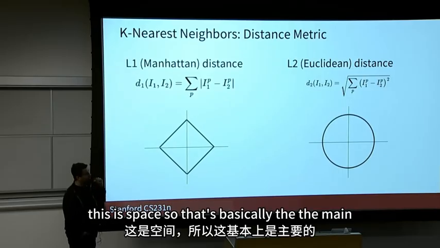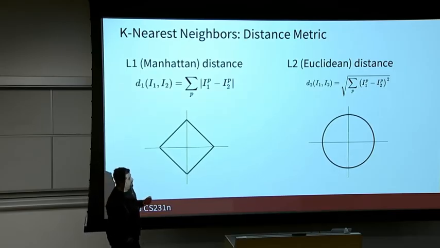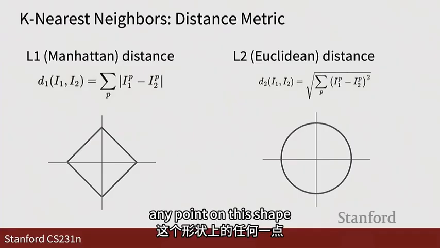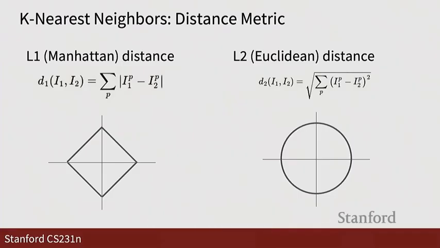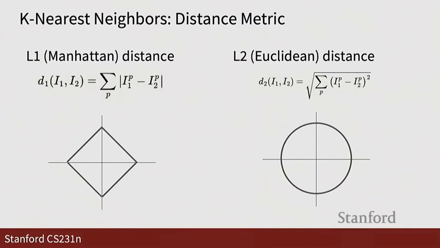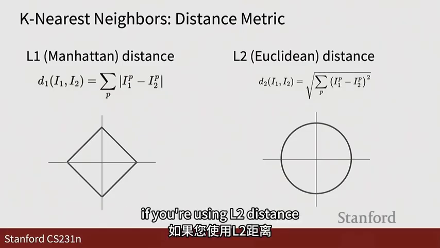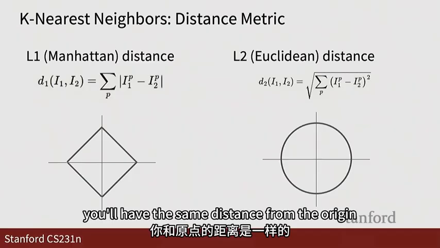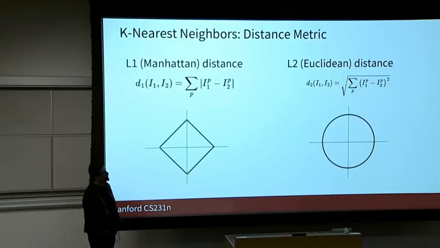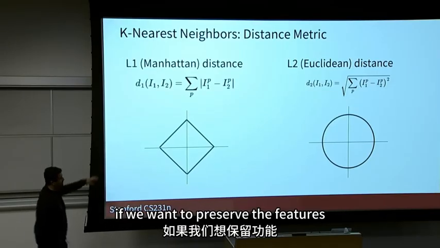So that's basically what these two images are showing. Any point on this shape, when using an L1 distance, has the same distance from the origin. And for the circle, any point on the circle, if you're using L2 distance, you'll have the same distance from the origin. Yeah, that's why it's better to use L1 if we want to preserve the features.